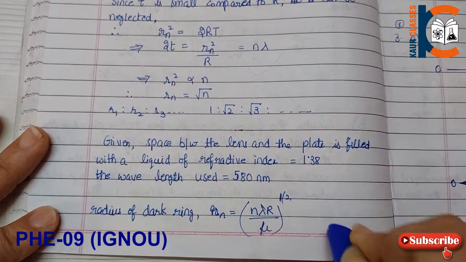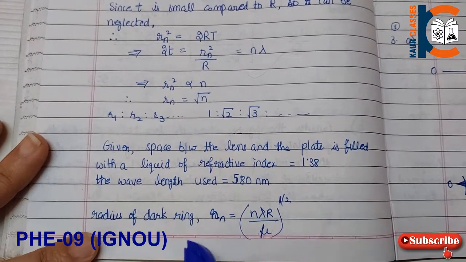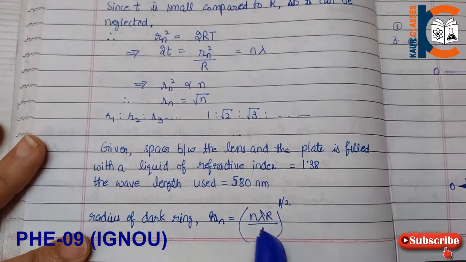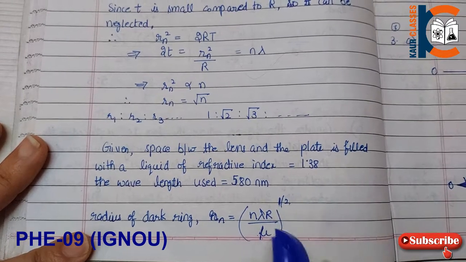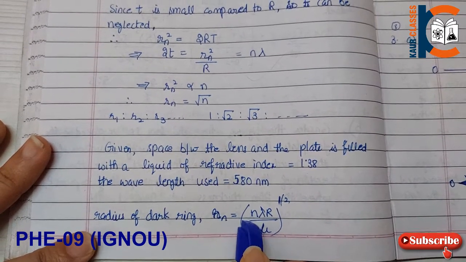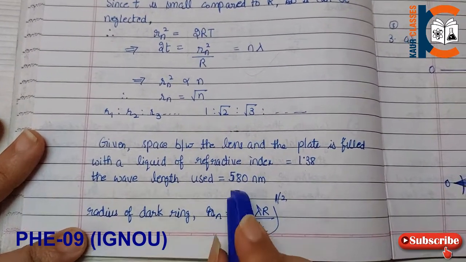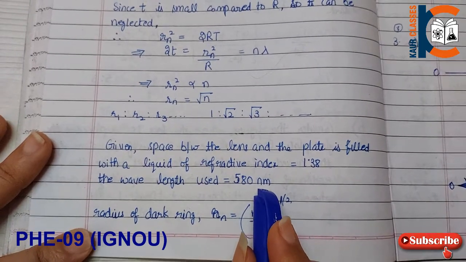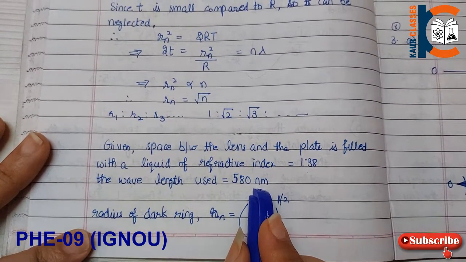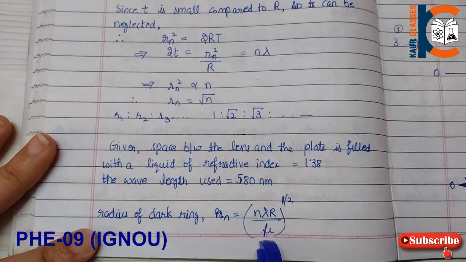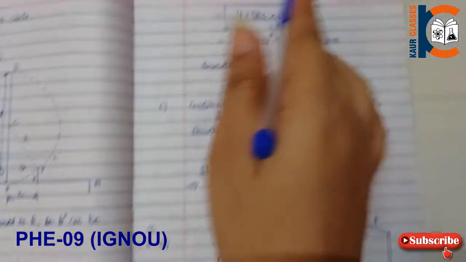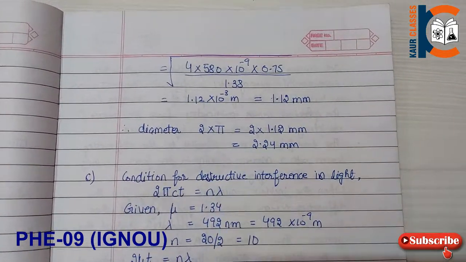We have to find the radius of the dark ring. It is given by the formula Rn equals root of n lambda R by mu. Here n is given as 4 and lambda is given as 589 nanometer. We will convert it to meters, and the value of mu is given. Just put these values and find the root.